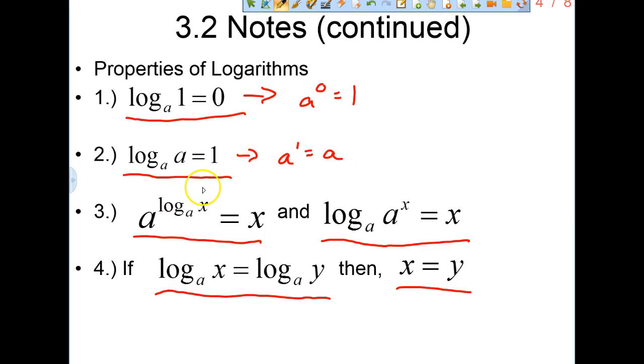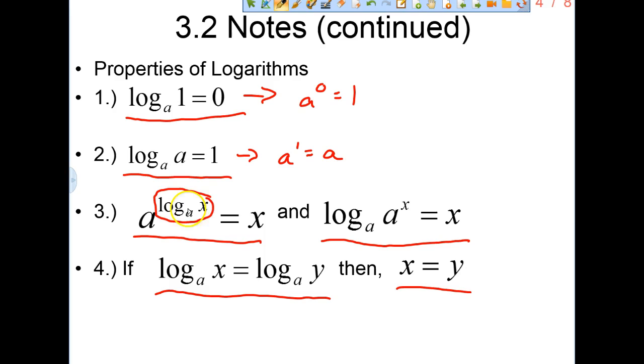All right, now this one, in the same way of thinking, if I have a to the log base a of x, how is that going to be equal to x? Well, using the definition of logs, if I take the log base a of x, that equals something, right? So we're saying a to the what power is equal to x. Well, only if that power canceled out the log base a.